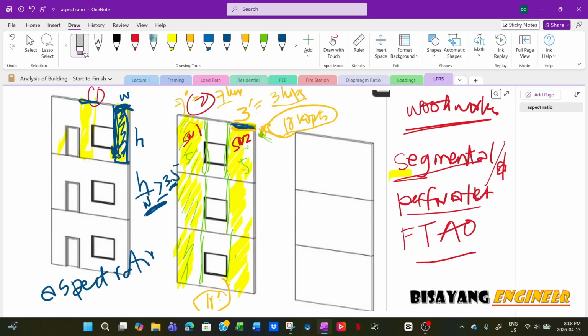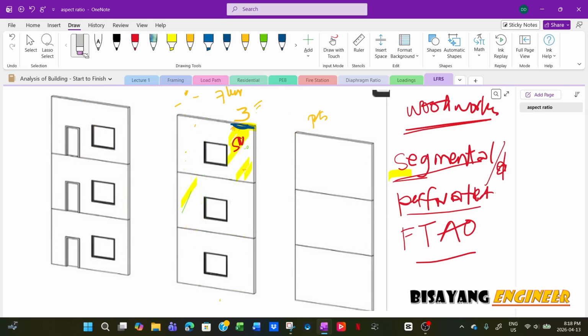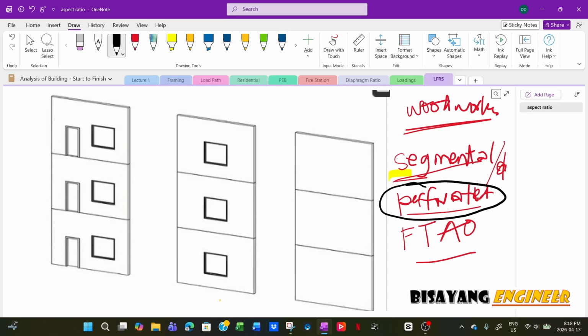This perforated analysis is more of an empirical method, developed by a Japanese engineer. For perforated shear wall, you can analyze it as one whole wall.